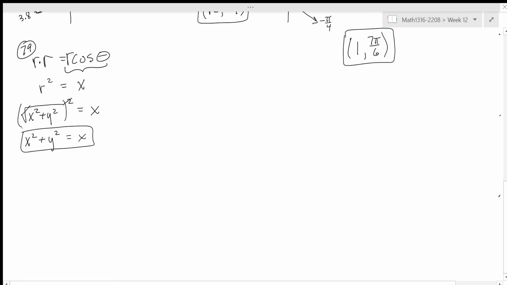Bam. And now, has that been completely converted into rectangular form? Do you see any more r's or thetas? Well, then it's rectangular form, okay?